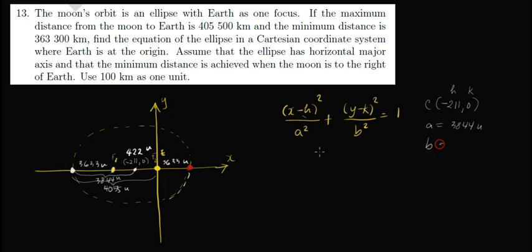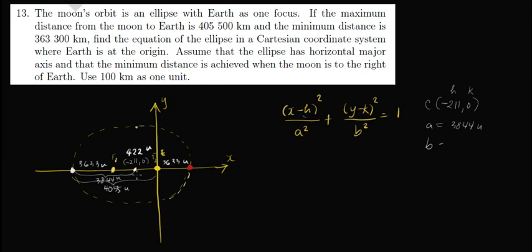And b is this. Mula dito hanggang dito. How do we get the value of b? Okay, let us think about it. How long is b?